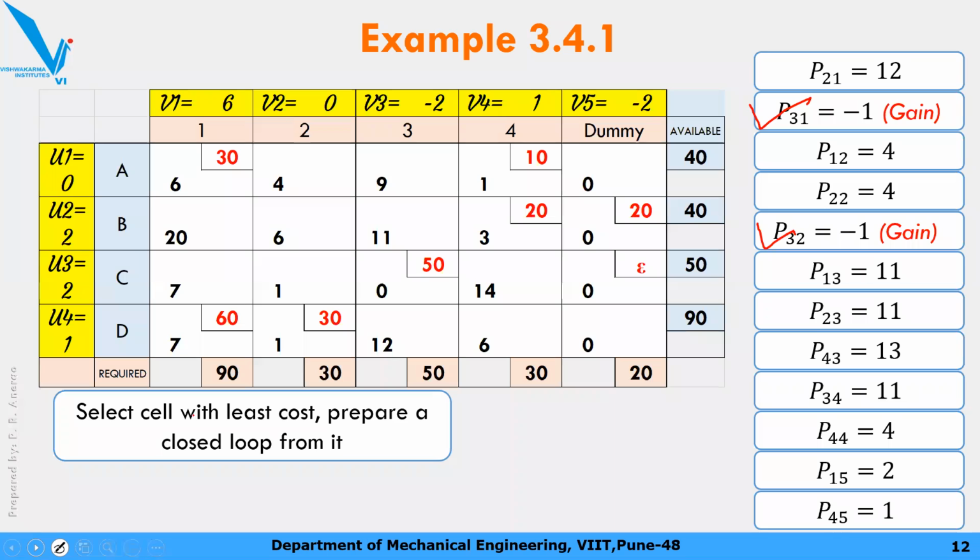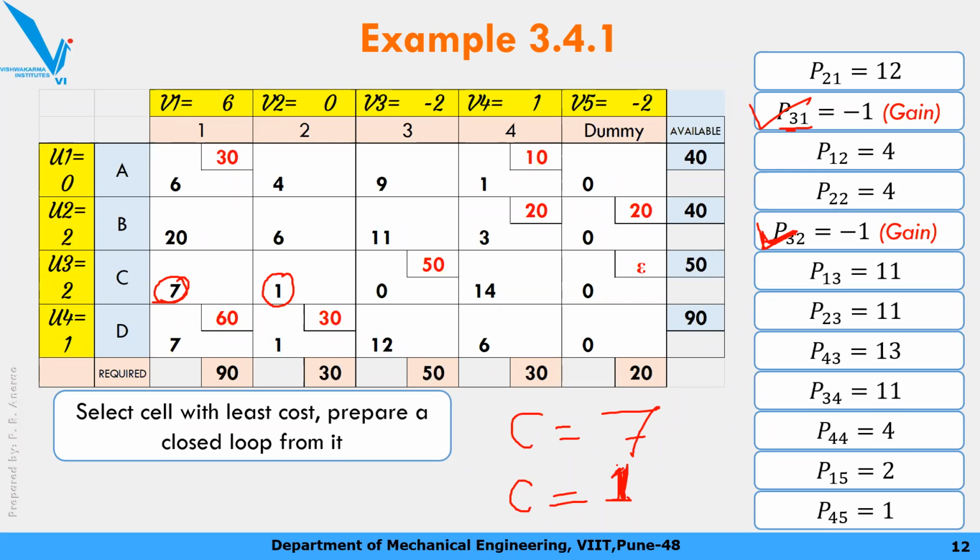If you look at the P31 cell, row number 3, column number 1, the cost is 7. Next, where will allocation give us a gain? P32, row number 3, column number 2. So the second opportunity is at location 3, 2, where the cost is 1 only.